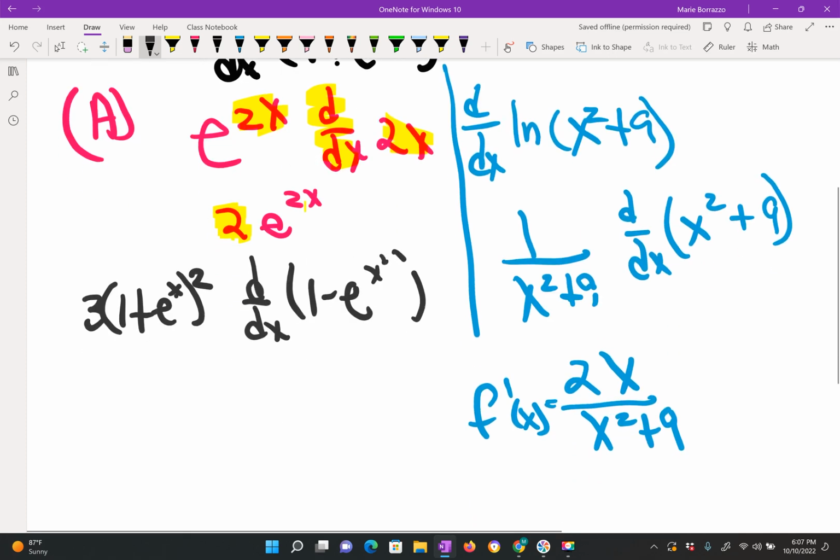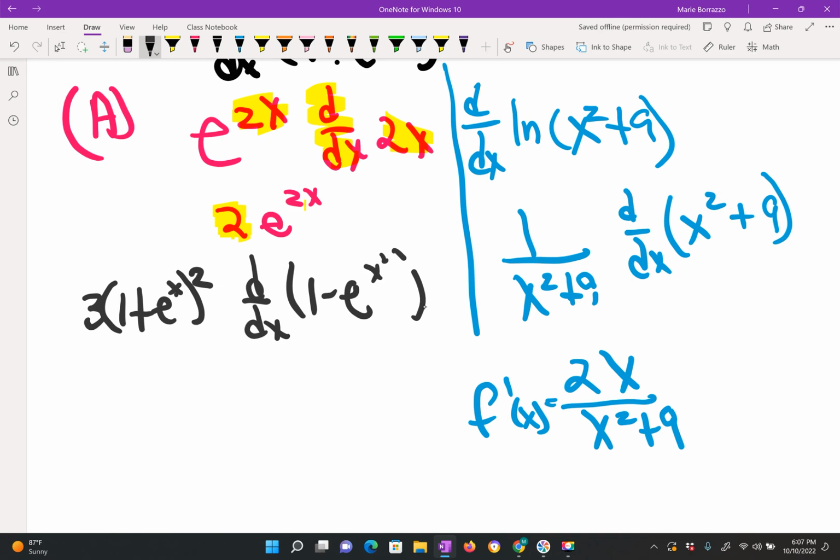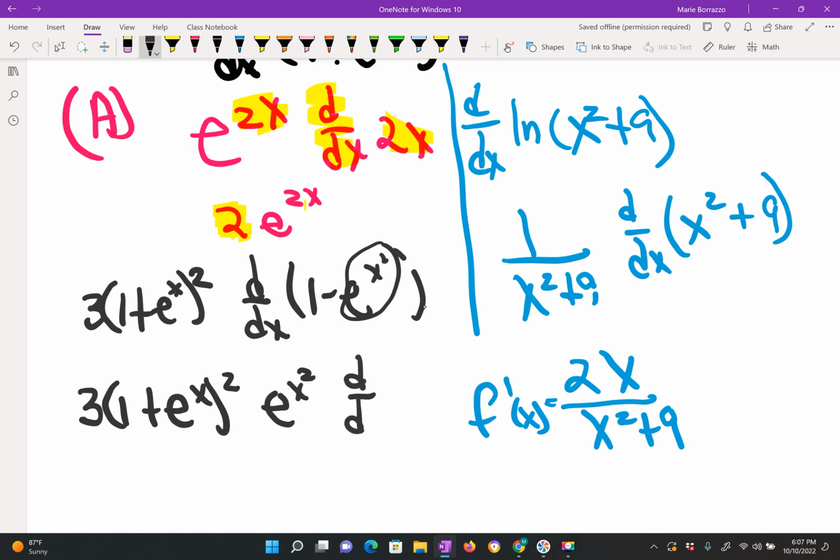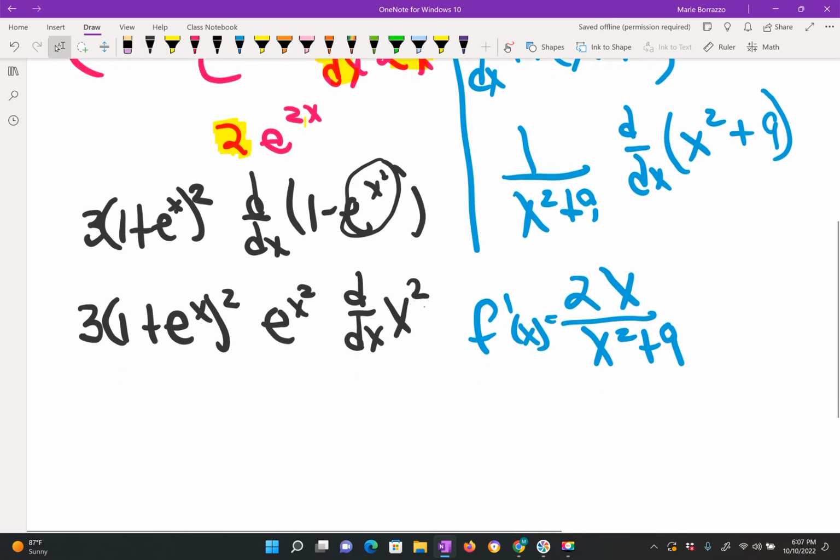Which means that I'm looking at 3 times 1 plus e to the x squared, e to the x squared, which is this little piece here, d over dx of that exponent x squared, which is basically 2x.